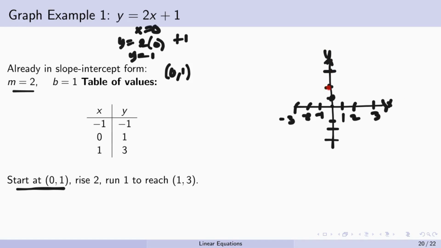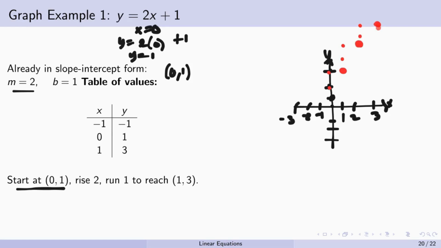Let me use another color. Rise 2, run 1. So this would be the next point. Another, rise 2, run 1. This is another. Rise 2, run 1.